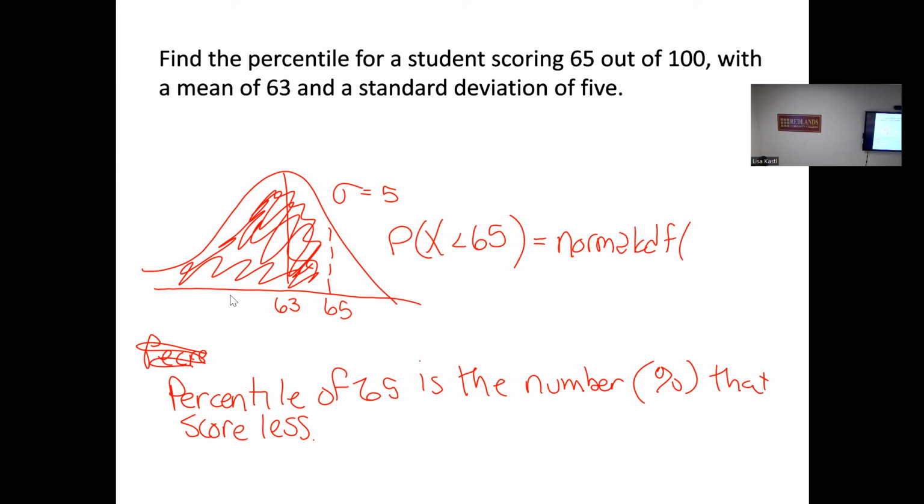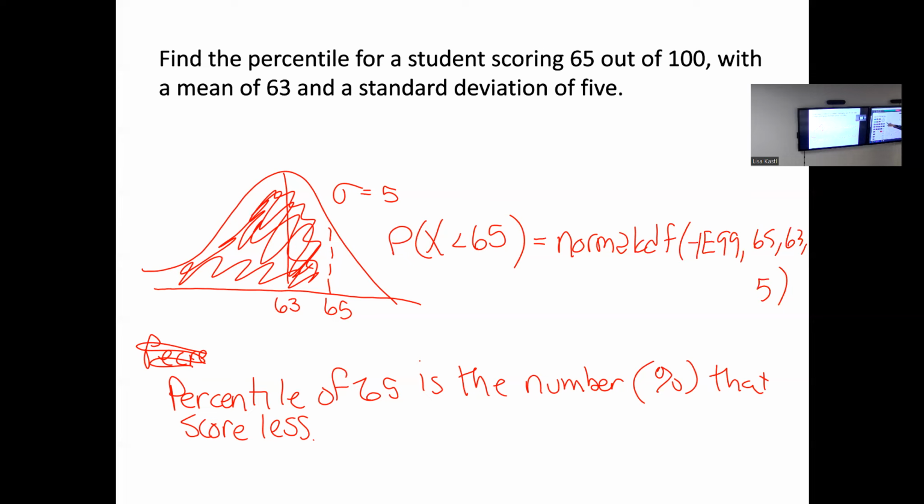Now my lower limit is a really small number. My upper limit is 65. My mean is 63. My standard deviation is 5. So we're going to go to our normal distribution. My lower limit is a really small number, -1 times 10 to the 99.